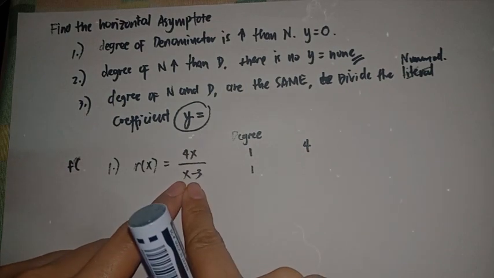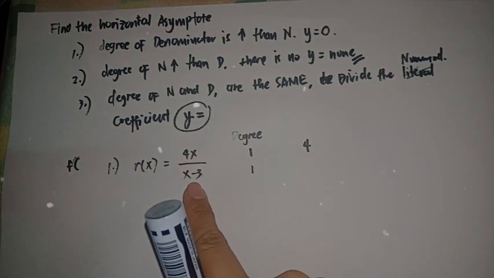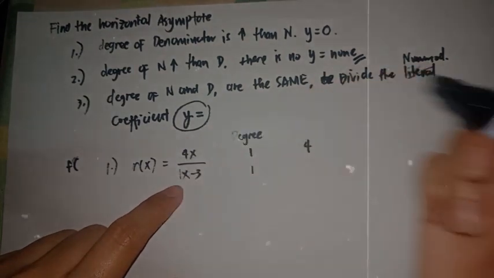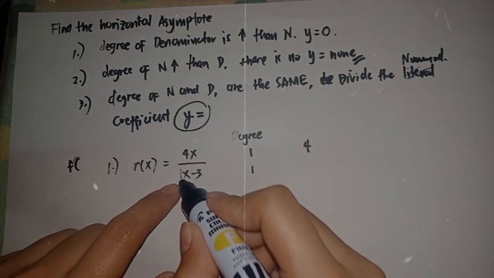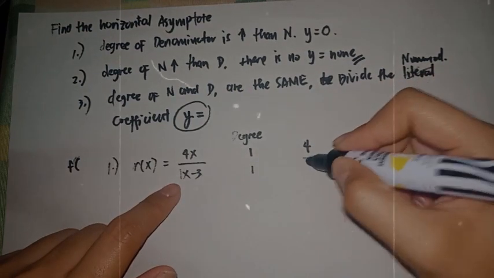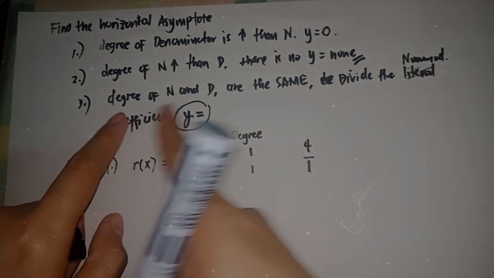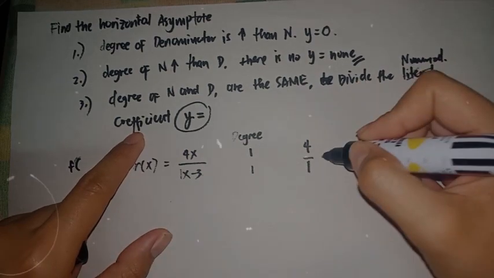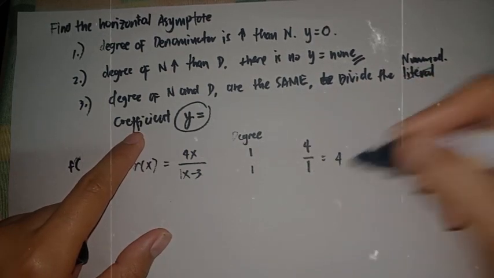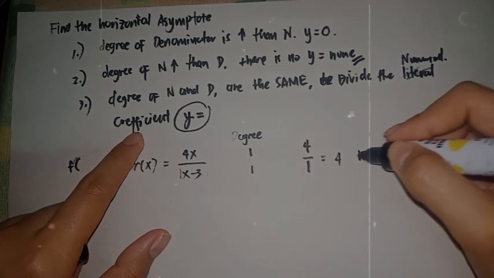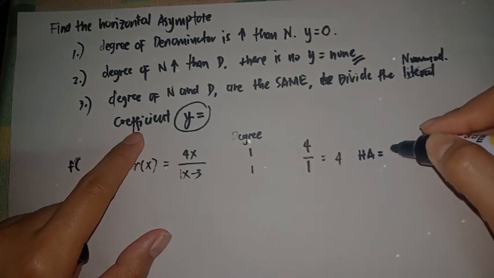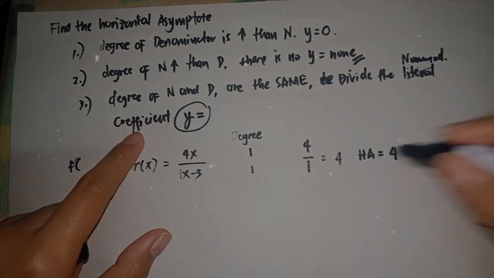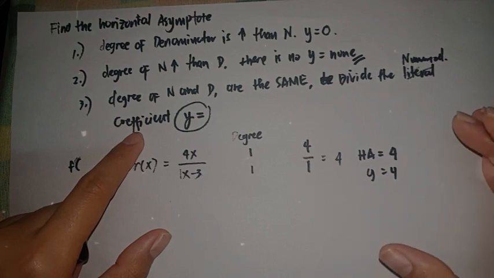And on this one, the leading term is x, so we have an invisible numerical coefficient of 1. Kindly divide, because that is the process for category number 3. So that means this is equal to 4. That also means that our horizontal asymptote is 4. Okay, you might be confused, huh? Horizontal asymptote is 4, y is equal to 4, that is just the same.